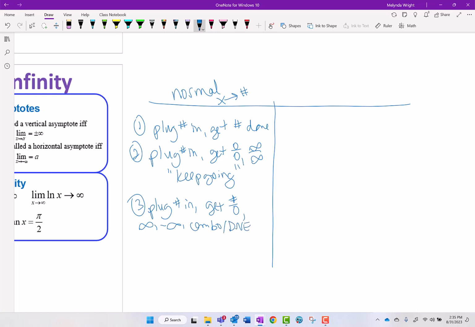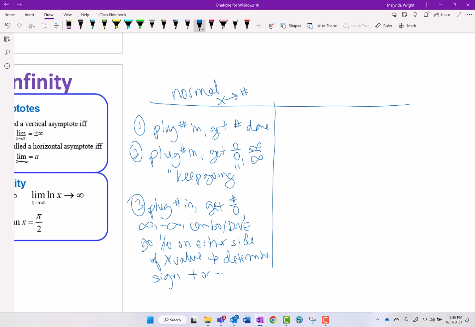And so remember, for that technique, we would go 1/10 on either side of the x value, to see where we're going, coming from the left, coming from the right. So we would go 1/10 on either side of the x value to determine the sign, positive or negative. Okay, so that's normal.